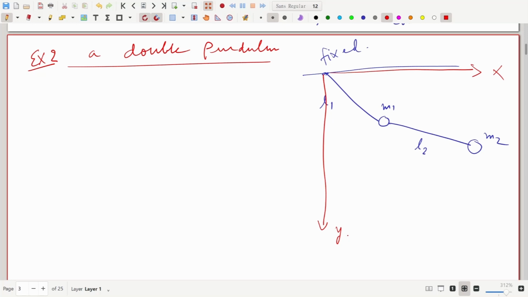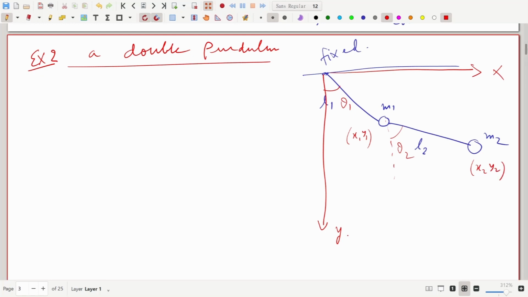For a pendulum problem it is always convenient to describe the motion in terms of the angle of oscillation, so let us consider the two angles of oscillation as θ1 for the first pendulum and θ2 for the second pendulum. So first we have assumed our coordinate axes, and at any arbitrary time the m1 point is at (x1, y1) and the m2 mass will be at (x2, y2).